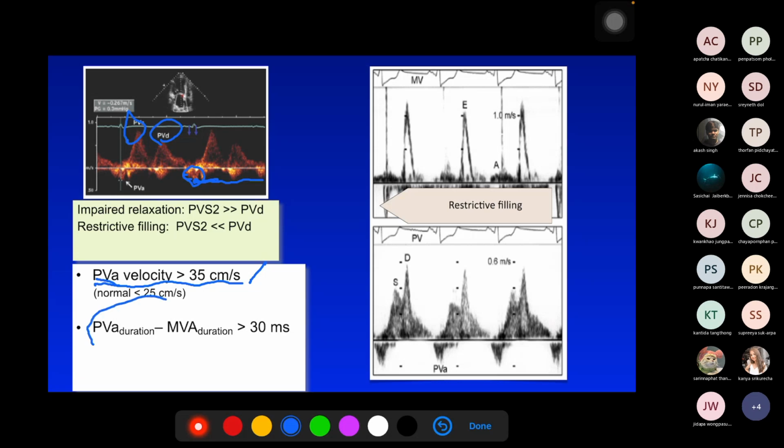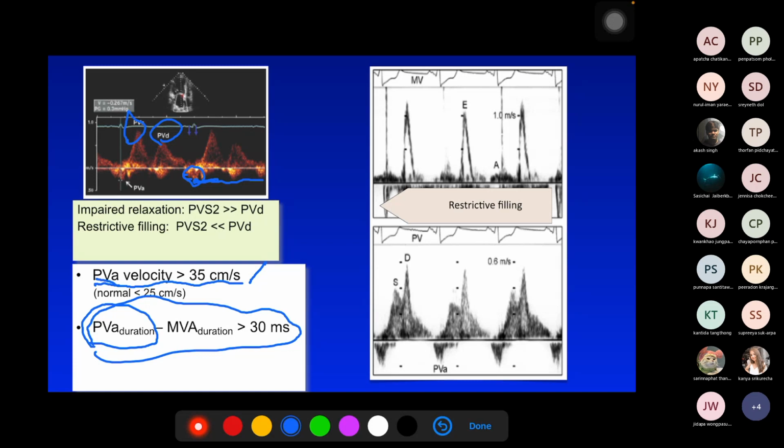And we use the time difference between the pulmonary vein A duration and the MV A duration. If this difference is over 30 milliseconds, it represents high LA pressure, because the PV duration is longer than usual.